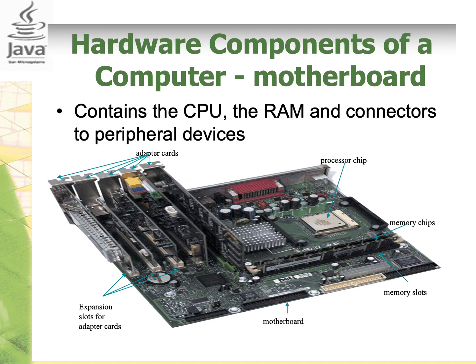Newer motherboards look slightly different but roughly would have similar hardware as this. In this figure, we can see that a motherboard contains the processor chip, memory chip, memory slots, expansion slots for adapter cards, and also different types of adapter cards.